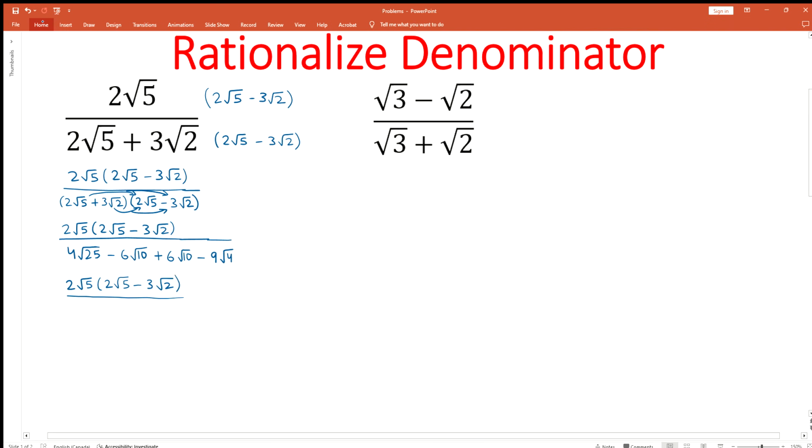Next, we should combine like terms in the denominator. Negative 6 square root 10 and plus 6 square root 10 cancel each other out. Square root of 25 is 5.